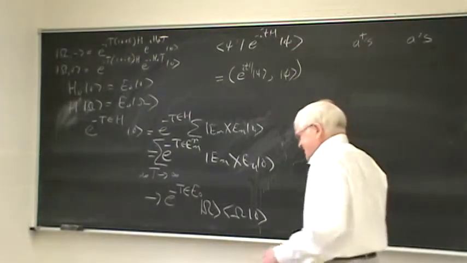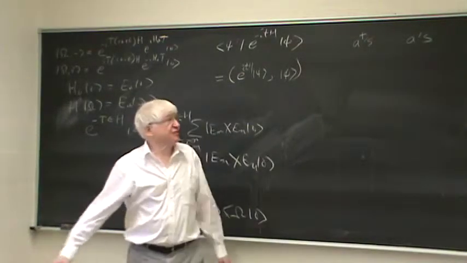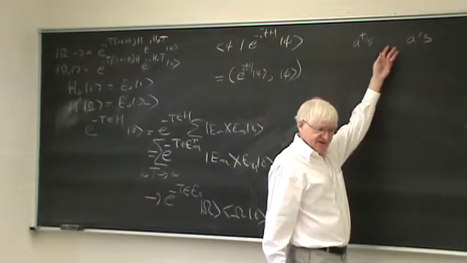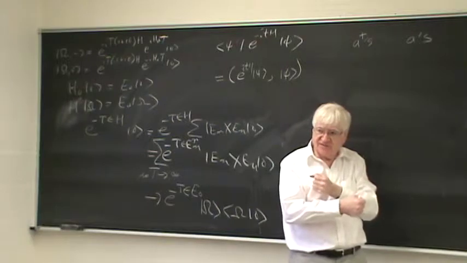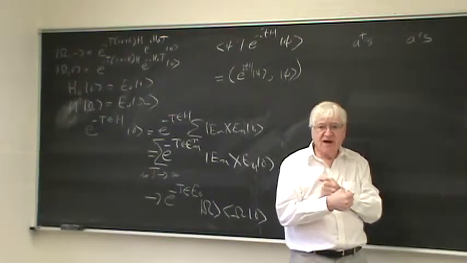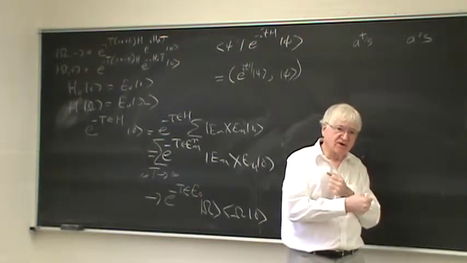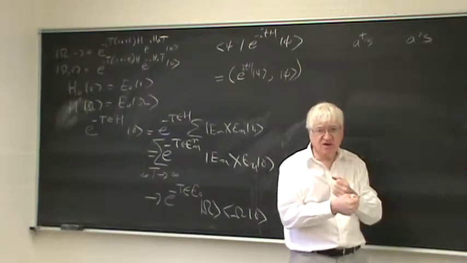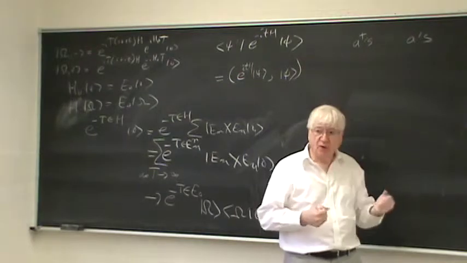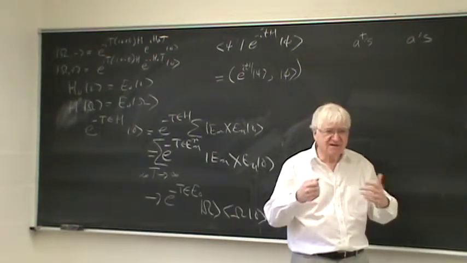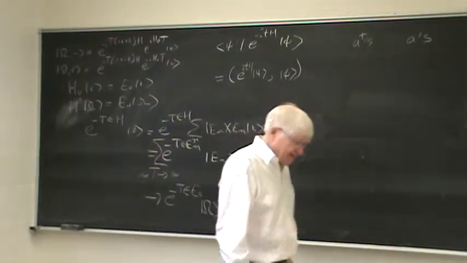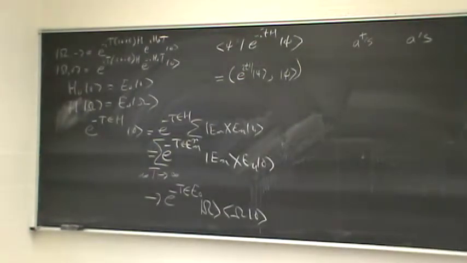The reason why this is a nice thing to do is that if you don't do this, then you've got some creation operators in front of some annihilation operators, and then you've got the possibility of particle creation and then particle annihilation that just depends upon the ordering of the operators rather than upon something physical that's going on. And so that's the reason why people like normal ordering.